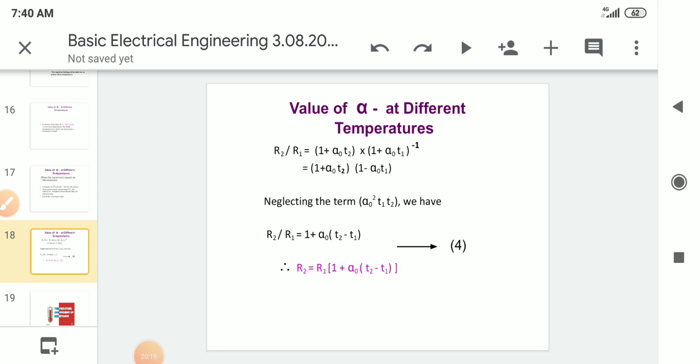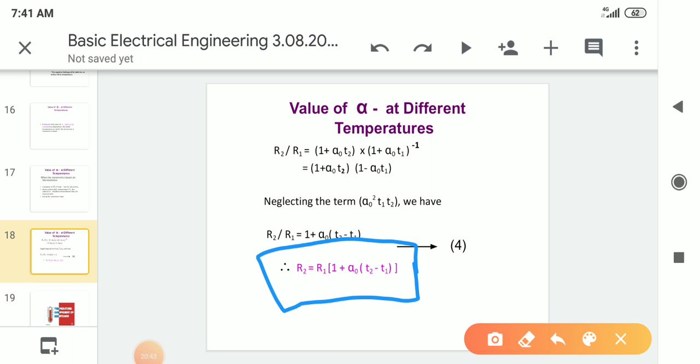Dividing R1 and R2, we get this relation. Neglecting the alpha square T1, T2 terms, finally we get the equation. This is the equation we have to remember. It gives a relation between known resistance and unknown resistance in terms of the temperature coefficient of resistance.